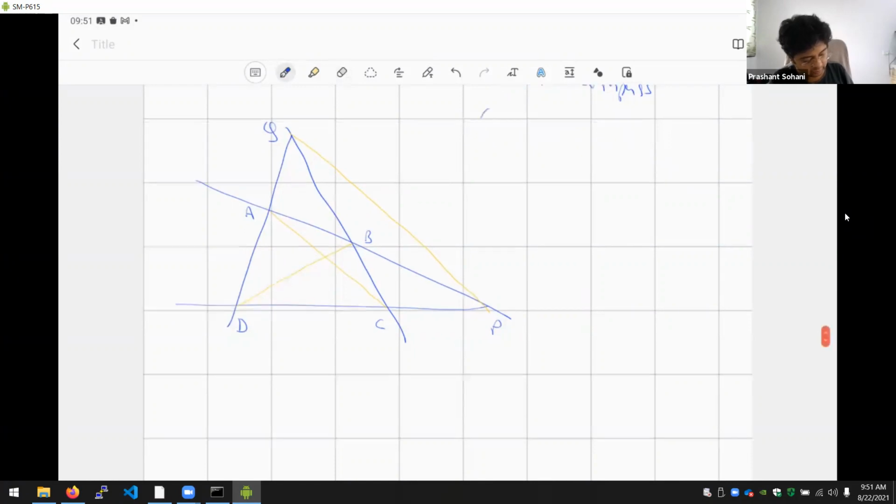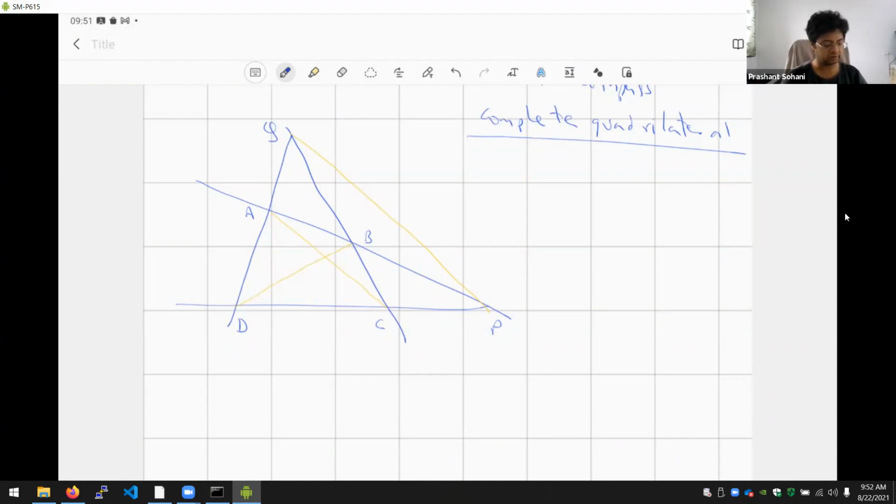Okay. And you understand why we are calling it a complete quadrilateral, because we are drawing all the possible points of intersection of these four lines. Okay. So a normal quadrilateral has two diagonals, but a complete quadrilateral has three diagonals in a way. Because what do you mean by the diagonal in a quadrilateral?